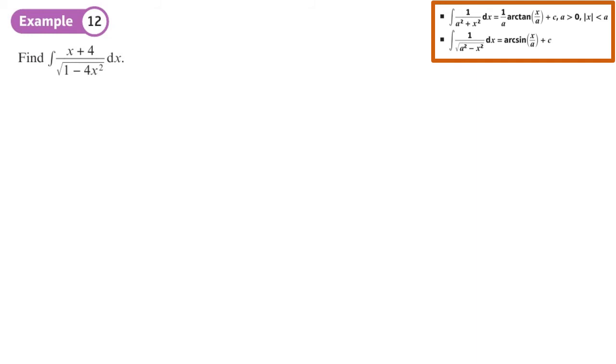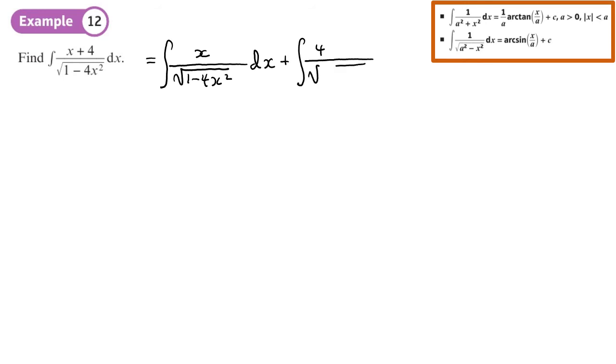So the first thing we're going to do is split it up as x over the square root of 1 minus 4x squared plus 4 over the square root of 1 minus 4x squared. So it's going to be this bit here that we use the result for. Once we've tidied it up, because we can move the 4 across, I'm guessing it's going to be this result here because of the minus at the bottom.